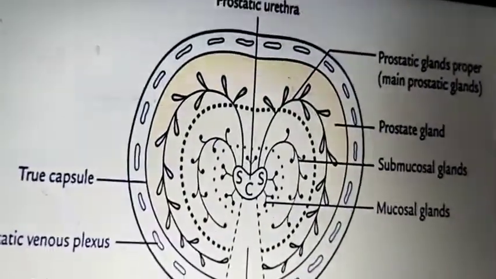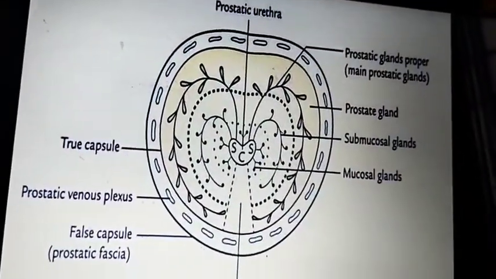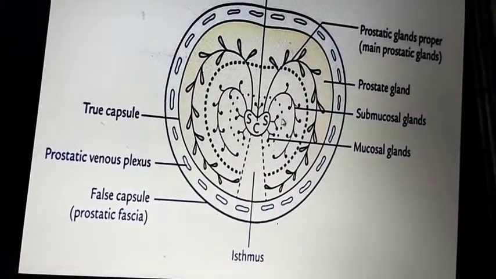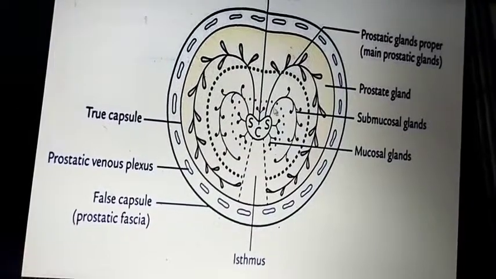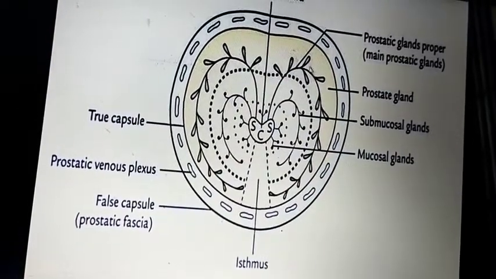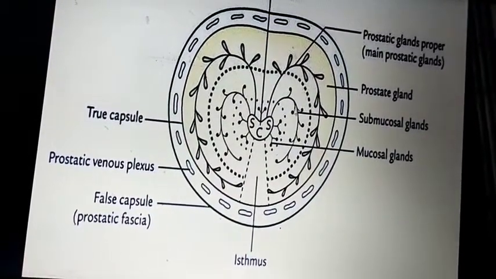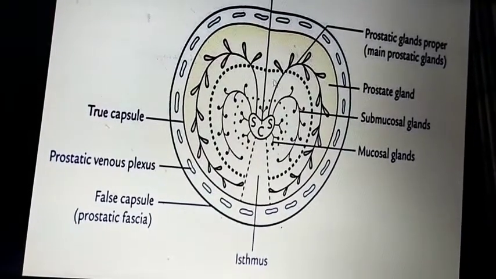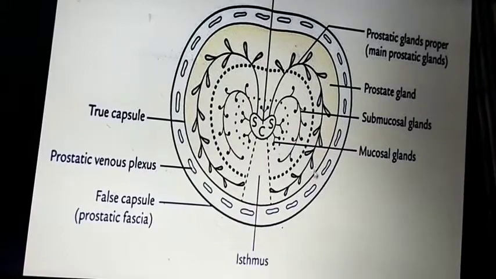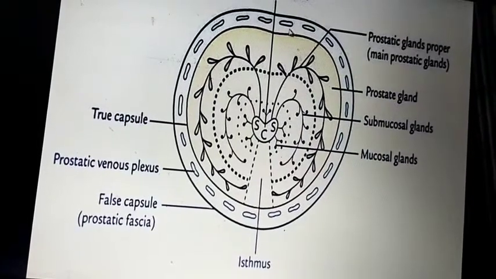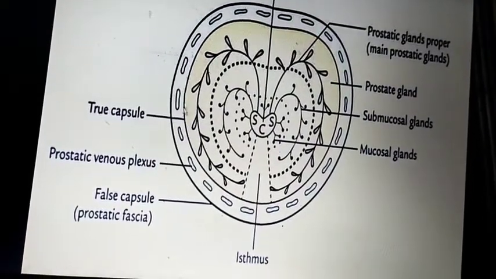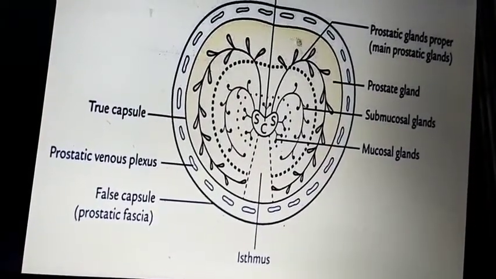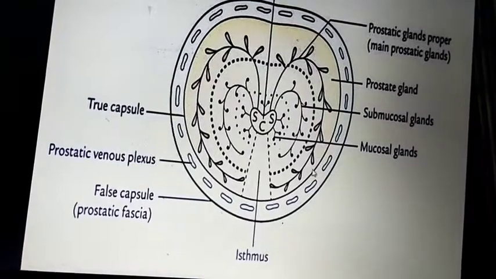You can see in this, this is the prostate gland. It also contains the prostatic gland proper, the main prostatic gland, and these are the mucosal glands and these are the submucosal glands. Just above that you can see the covering, called the true capsule. It is firmly attached, and the shape of the prostate is because of this true capsule.